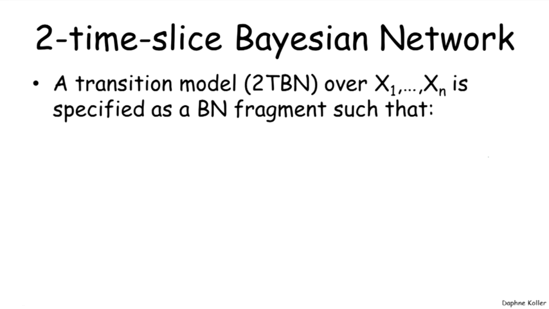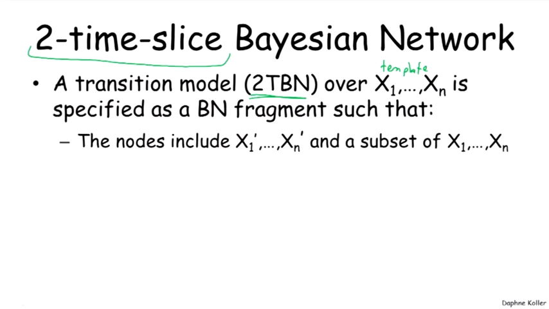So to make this definition slightly more formal, we define the notion of a 2-time slice Bayesian network, also known as a 2TBN. A 2TBN over a set of template variables X1 up to Xn is specified as a Bayesian network fragment along exactly the same lines that we used in the example.